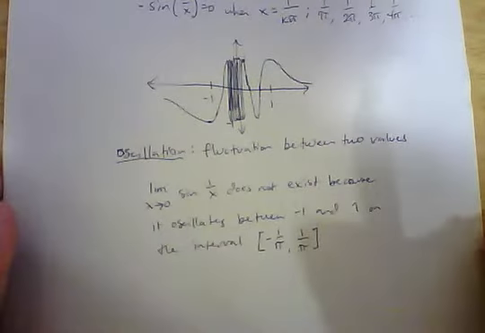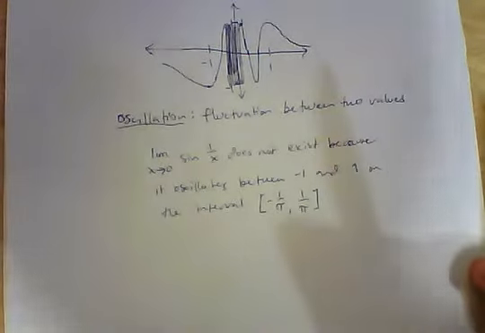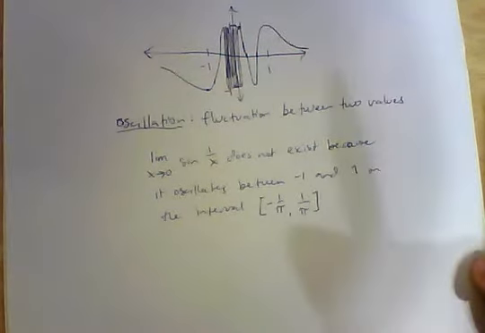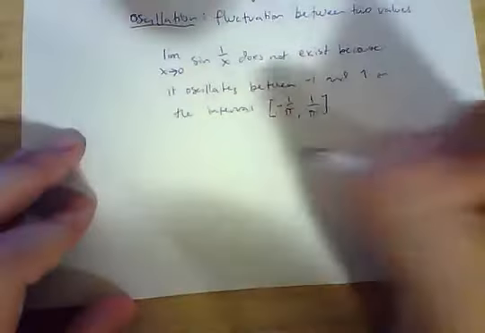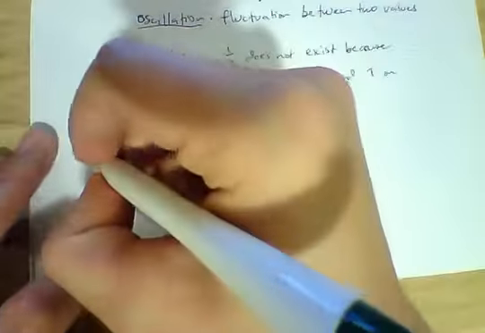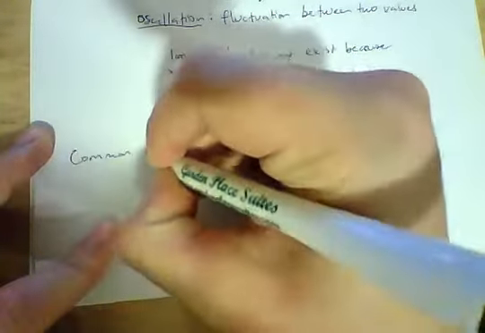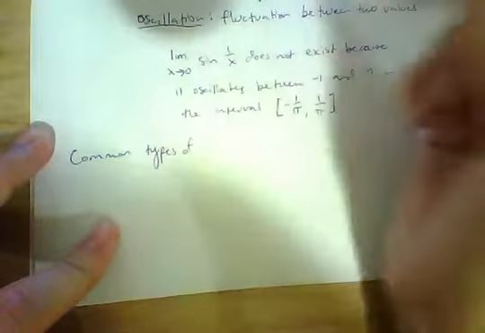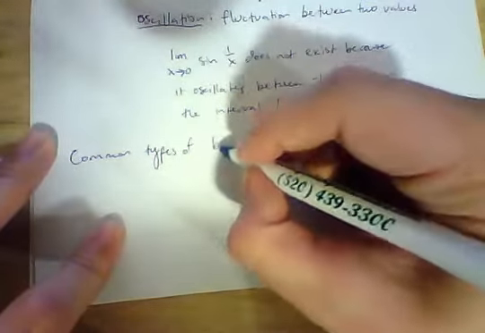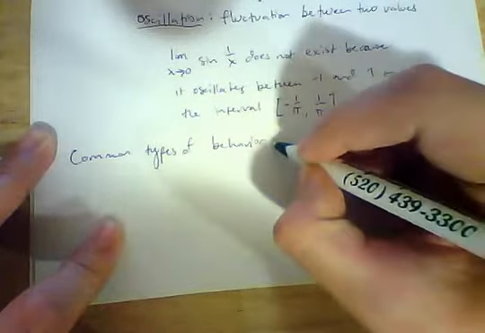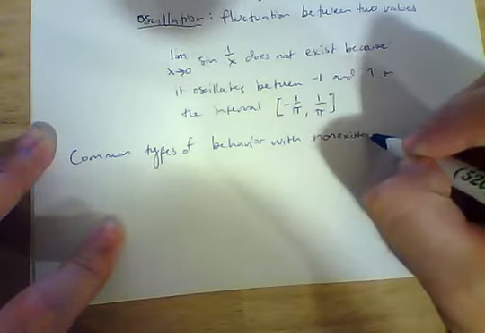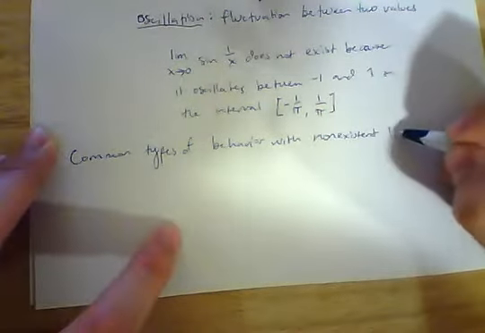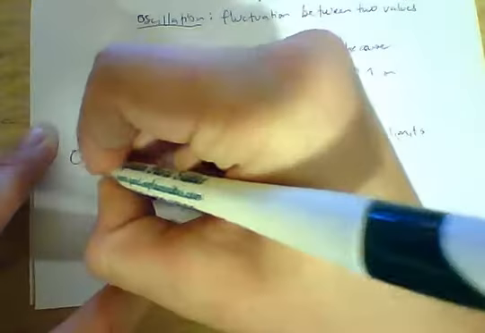Okay. And here are some basic situations which describe most often when limits don't exist. So let's discuss those. We'll just say common types of behavior with non-existent limits.